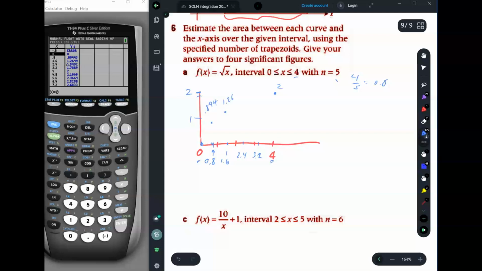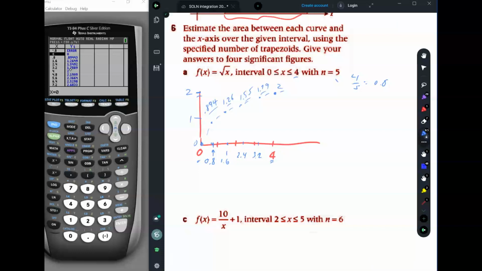And the next one is going to be 2.4, 1.55. And then 3.2, 1.79. Okay, so now we have all our y values here. And we can just put those in the formula, right?